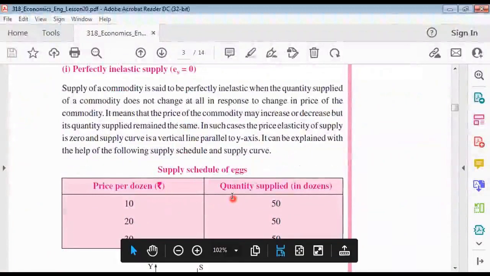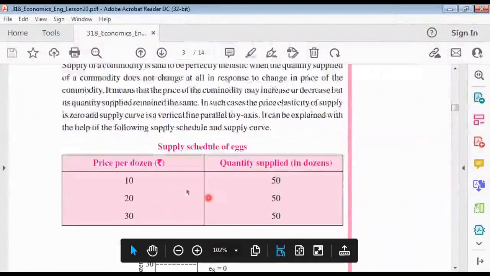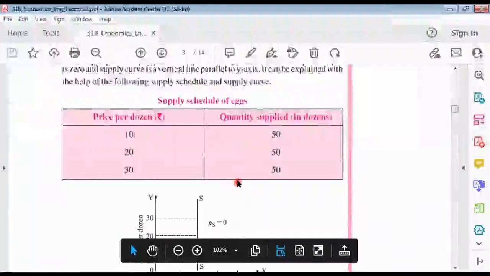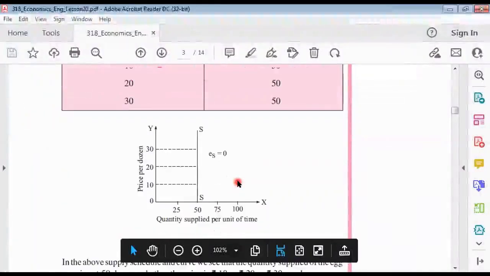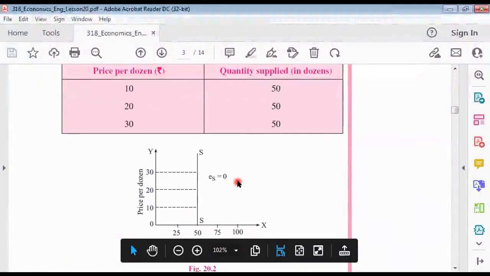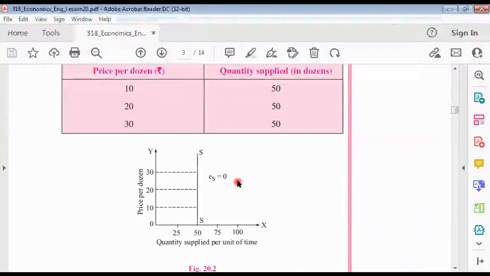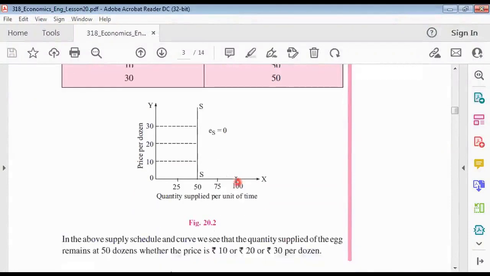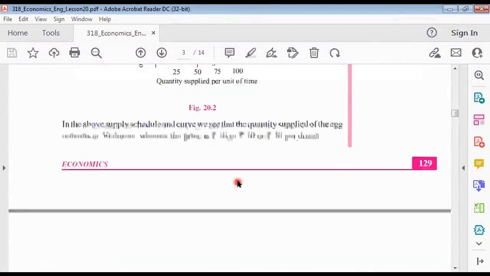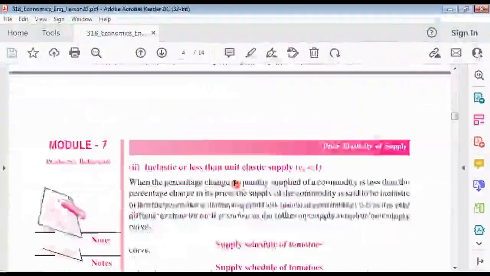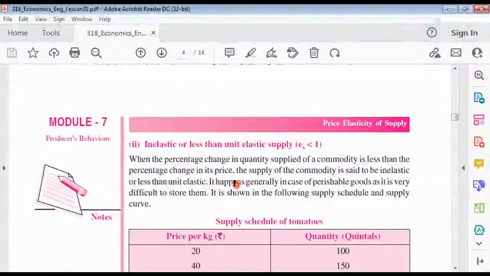Quantity supply doesn't change at all in response to a change in price. Both in the graph and the table, that's the exact thing you find, that quantity supply does not respond in any way to change in price, and that is called a case of perfectly inelastic supply. Okay, so this is the first one. Same graph that you had for perfectly inelastic demand.